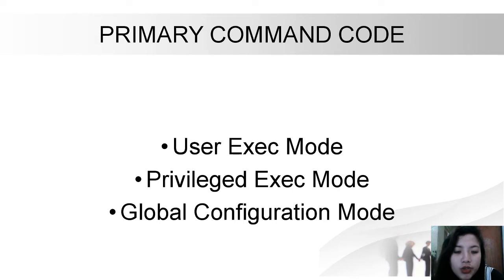This allows only a limited number of basic monitoring commands but does not allow the execution of any commands that might change the configuration of the device. The user exec mode is identified by the CLI prompt that ends with the greater than symbol.